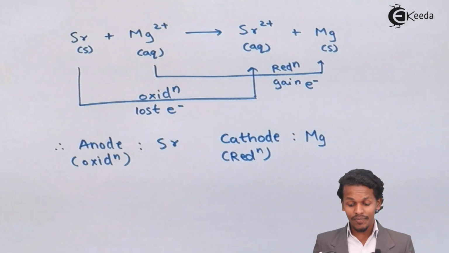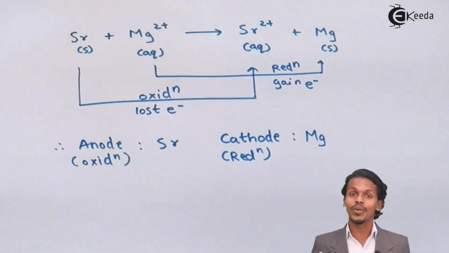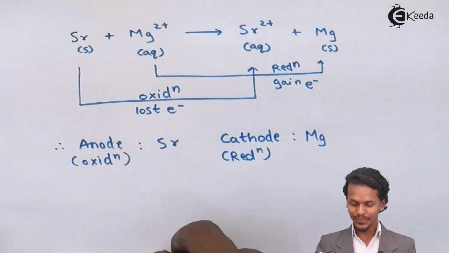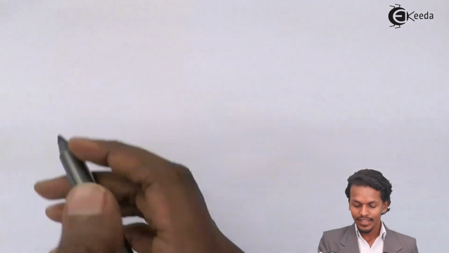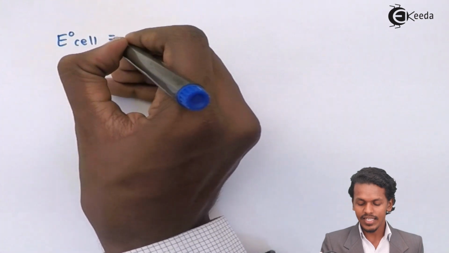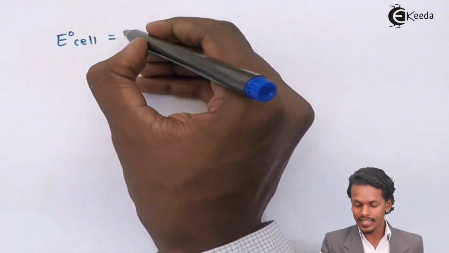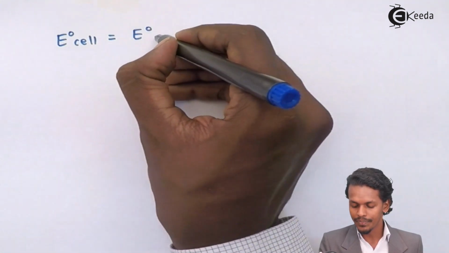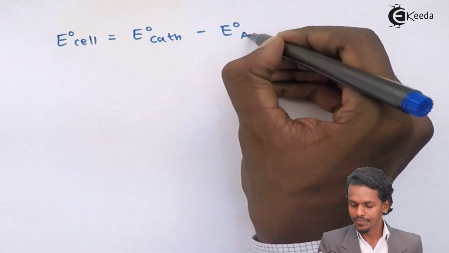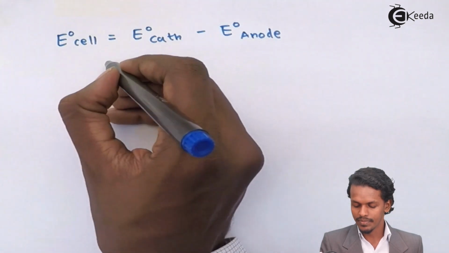Now with the help of this, we can calculate the E naught cell very easily. So let us calculate. We know the formula that E naught cell is nothing but E naught of cathode minus E naught of anode.